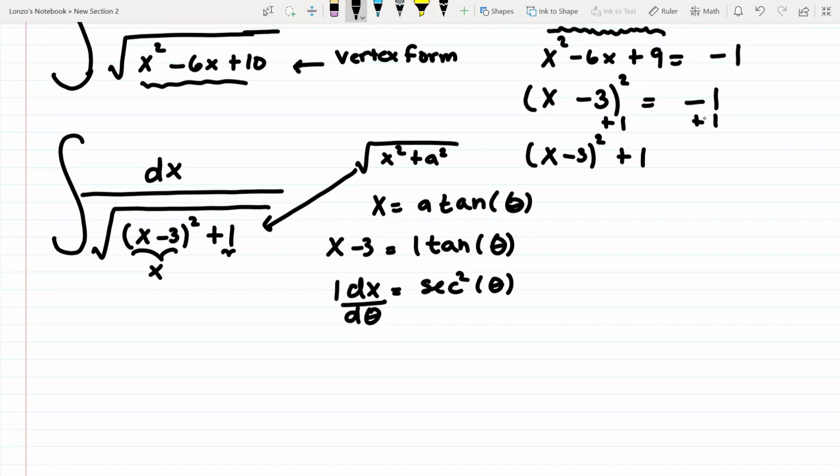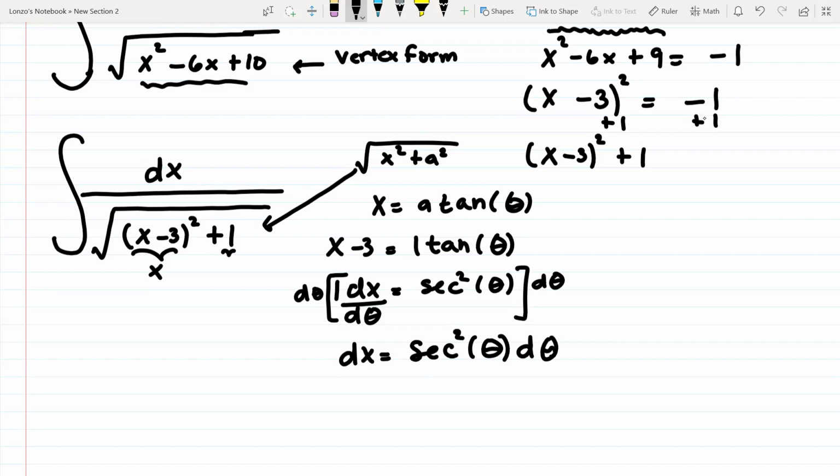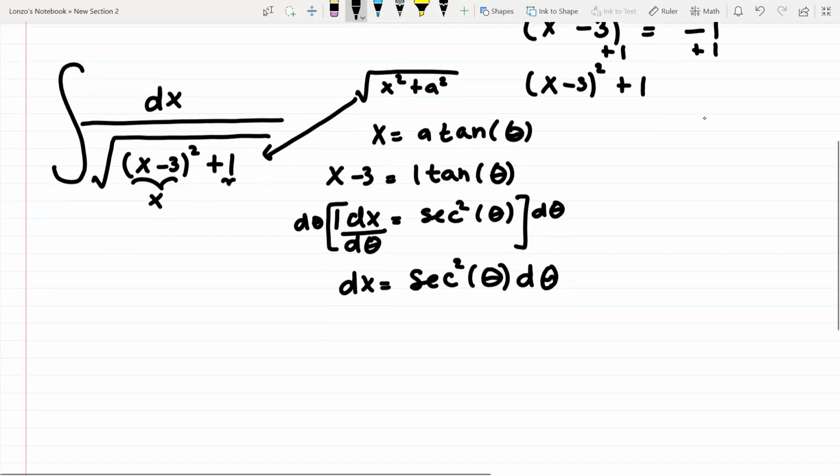I just want to solve for a regular dx, so I have to get rid of this d theta. I'm going to multiply both sides by d theta. On the left, d theta cancels. You're just left with dx equals secant squared theta d theta. Okay, so now we can replace dx with secant squared theta d theta, and we can replace x minus 3 with tan theta.